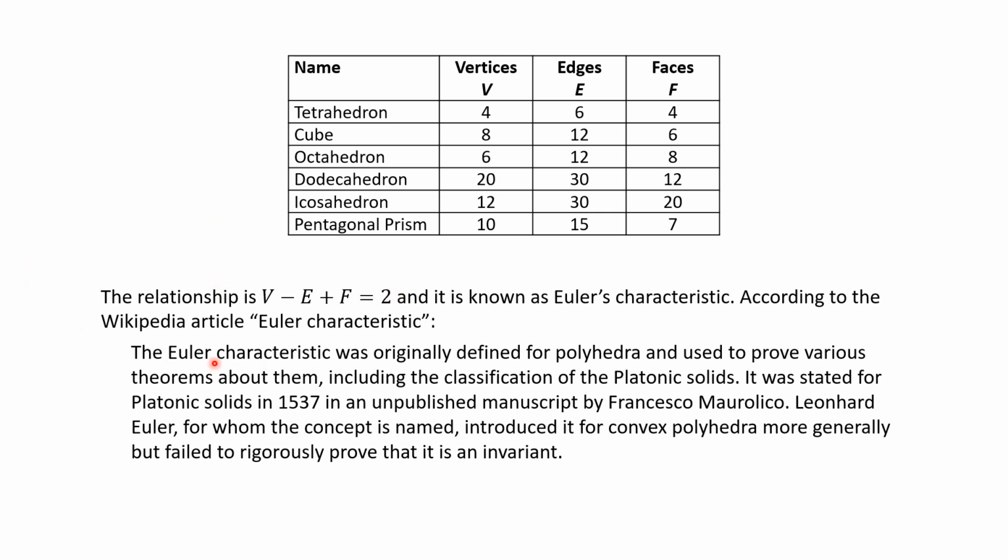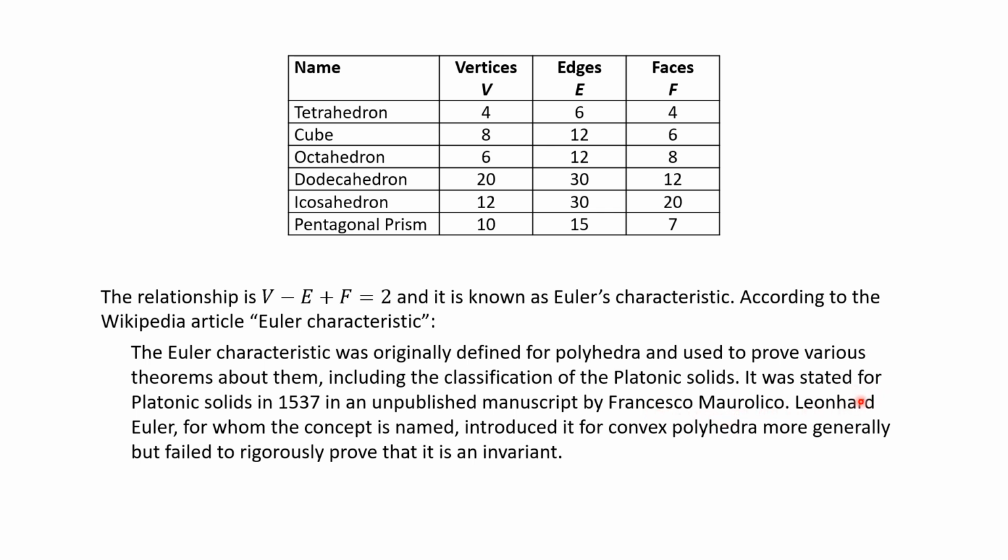In terms of history, the Euler characteristic was originally defined for polyhedra and used to prove various theorems about them, including the classification of the Platonic solids. It was stated for Platonic solids in 1537 in an unpublished manuscript by Francesco Moralico.